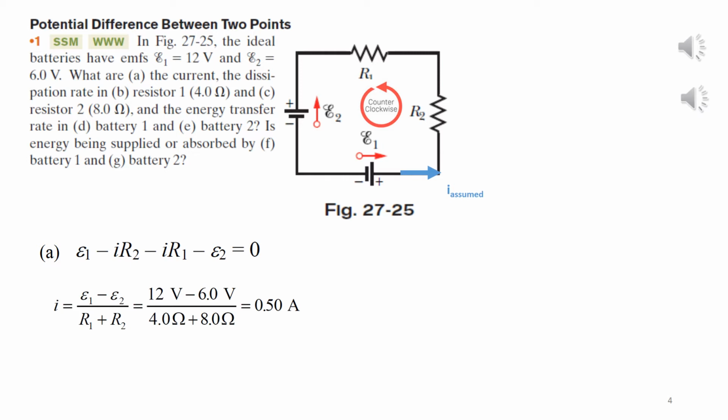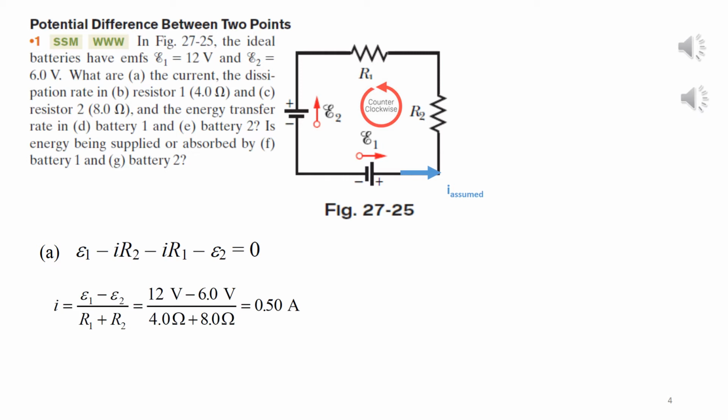If you apply these two rules for EMF and resistors, you will find that the loop is going with E1, so plus E1. Then you assume the current flowing counterclockwise as well.